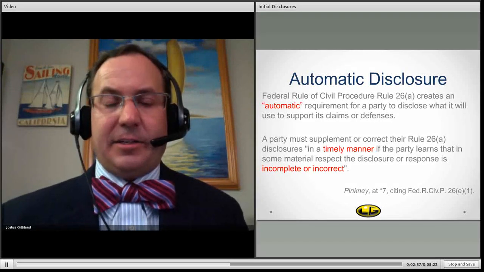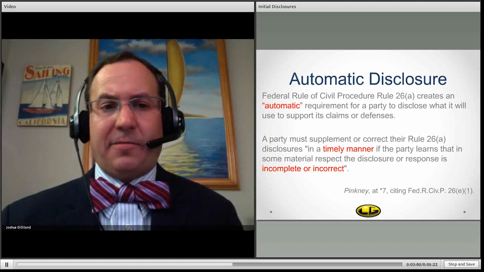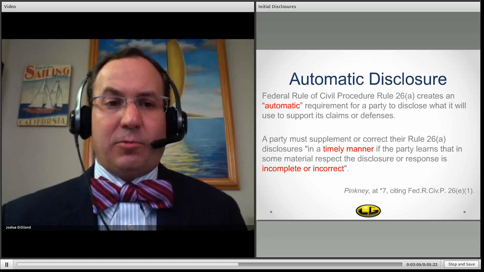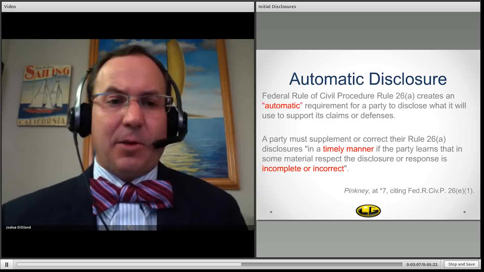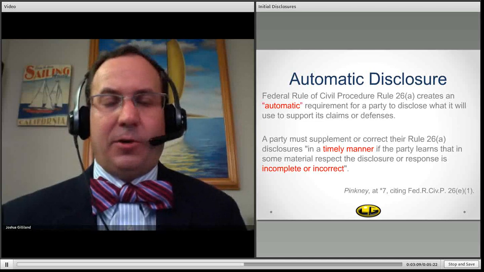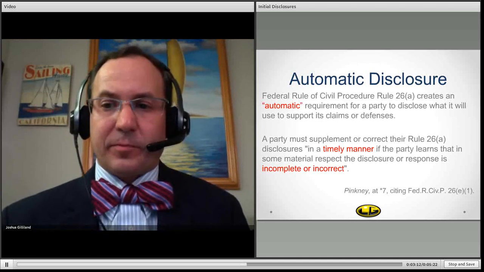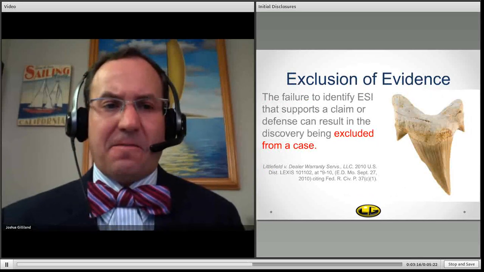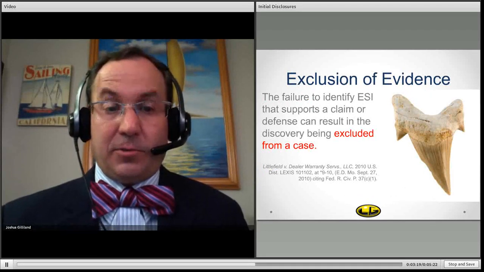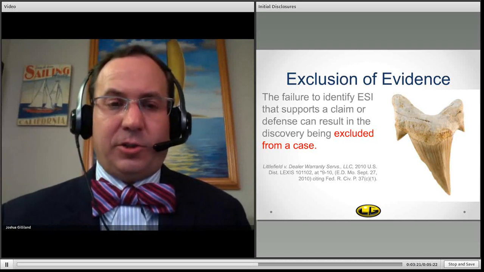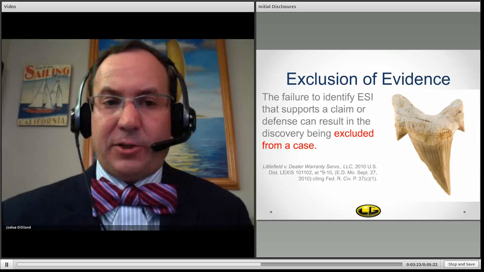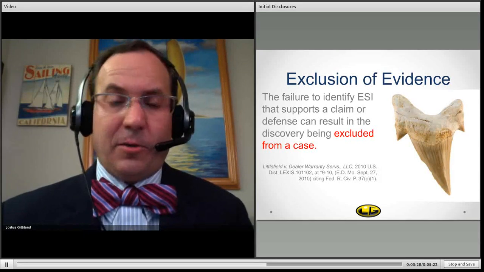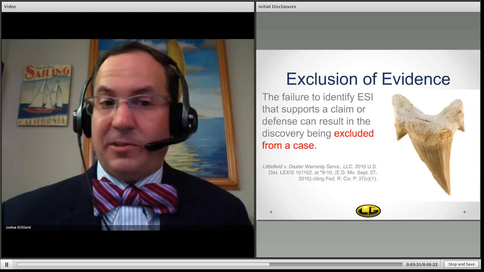You have to do it in a timely manner, and if you find out that there's something wrong with your initial disclosures, pursuant to Rule 26E, you have to supplement them to correct anything or to produce additional information. And this is a rule that has teeth because if you fail to disclose your initial disclosures, that information can be excluded from your case if you want to use it later pursuant to Rule 37C1.